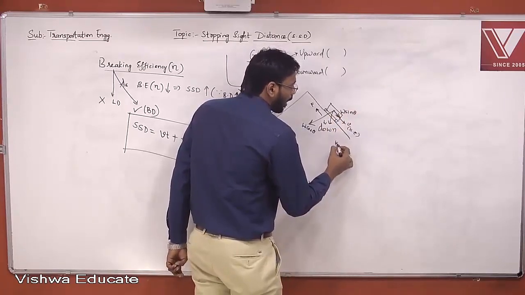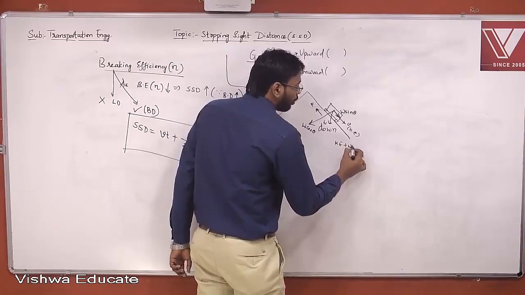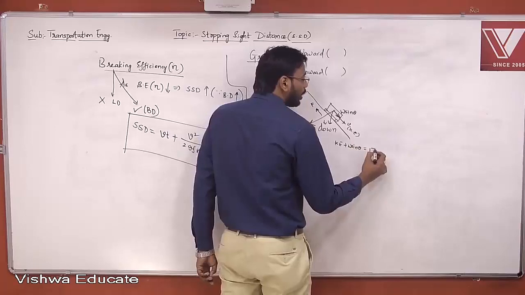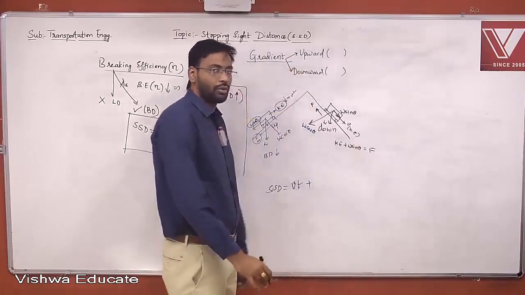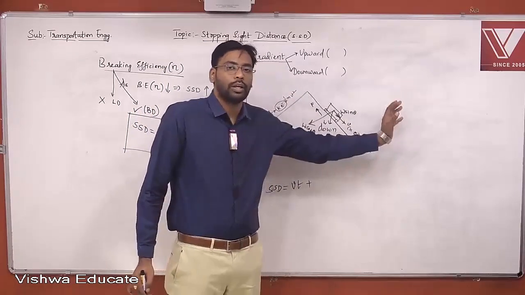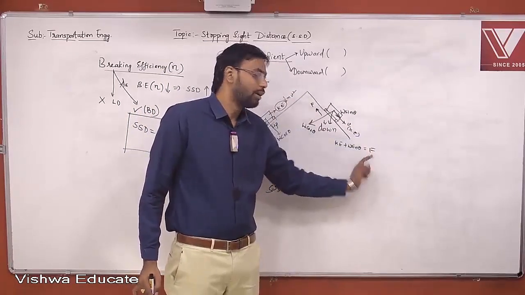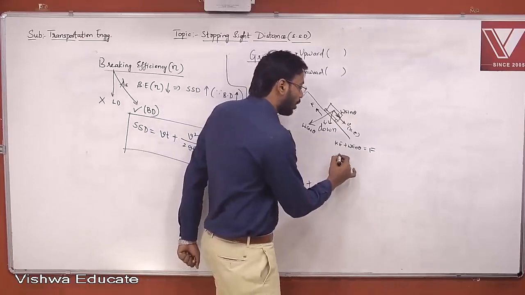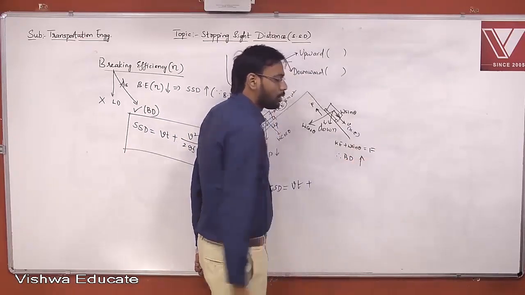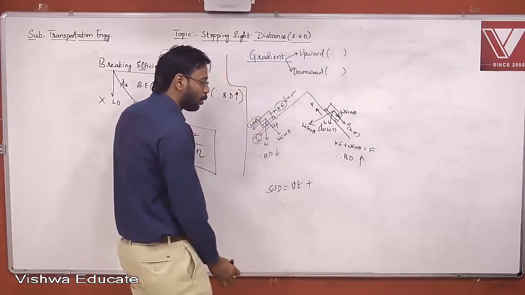Here kinetic energy plus a component is helping it move, and that is being opposed only by the frictional force. So two forces are moving the vehicle, whereas it is being opposed by only one force. Therefore, braking distance will be more.